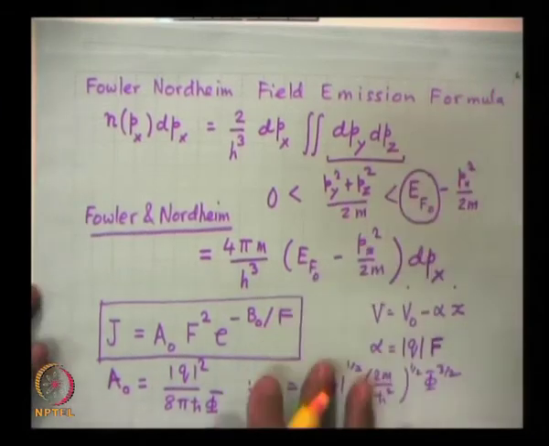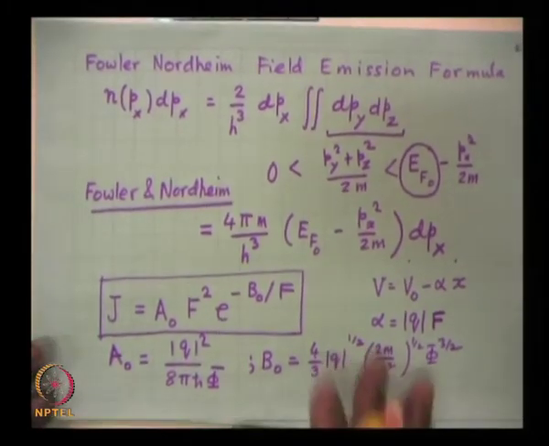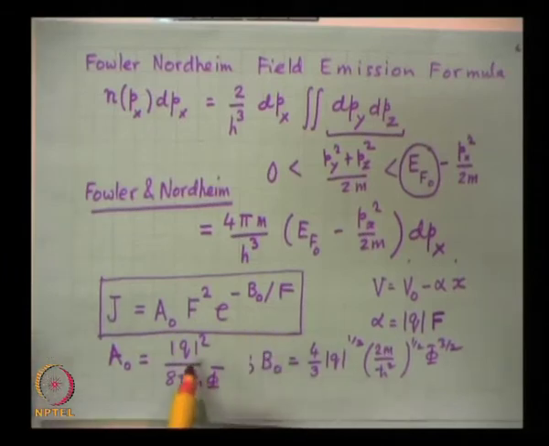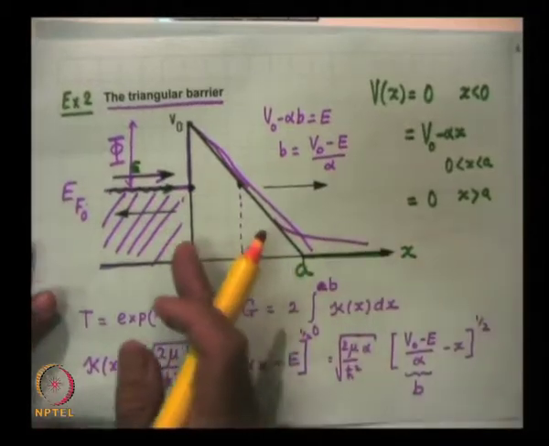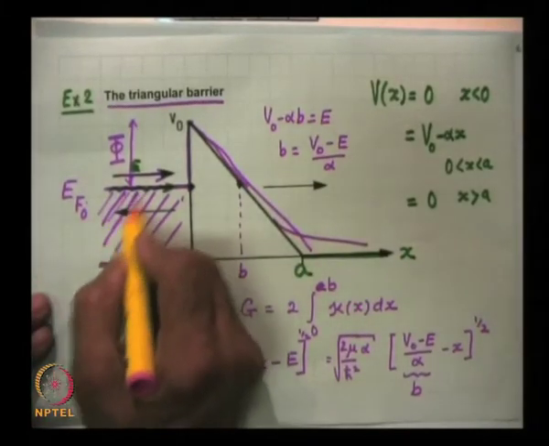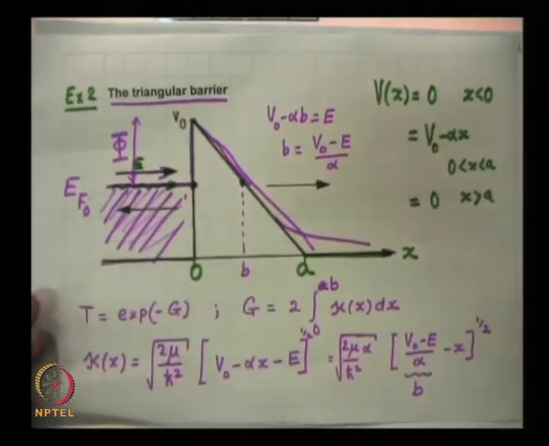It does explain qualitatively, because of the many approximations that we have made, the experimental data in the case of some metals. So, to conclude, on the left hand side is the metal surface, where all the electrons have an energy less than or equal to E f 0.